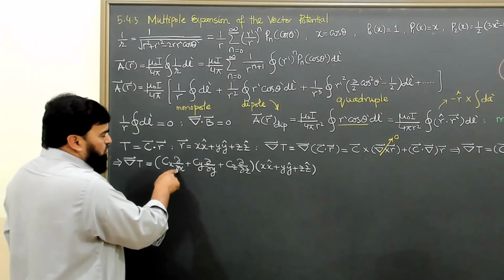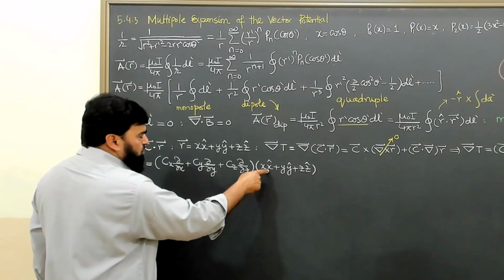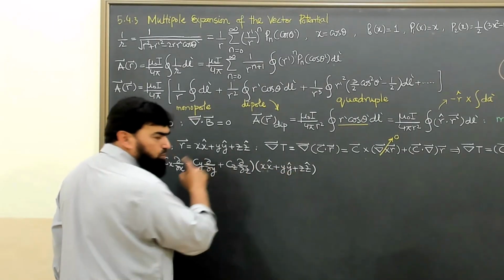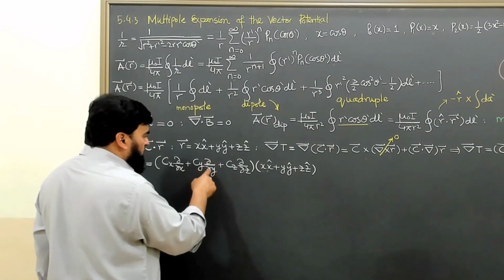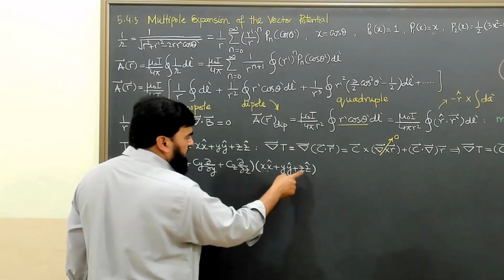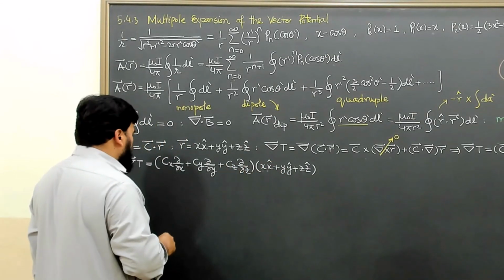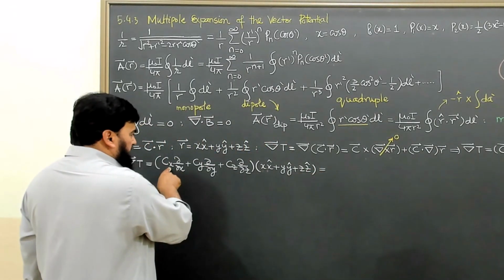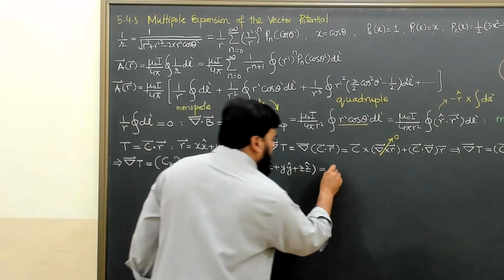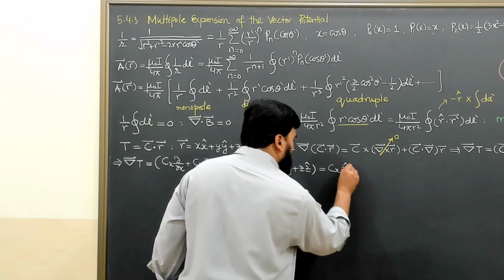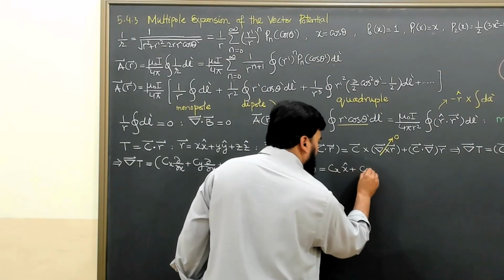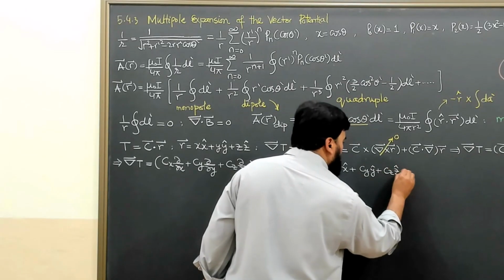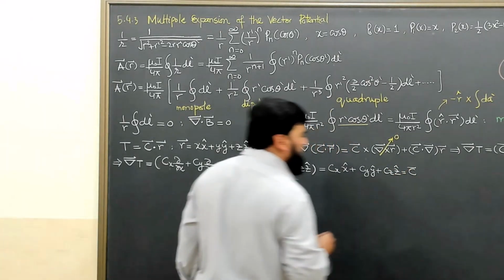Now when partial over partial x is applied on this, it gives 1 here and then 0 here, 0 here. Similarly, for cy partial over partial y, it gives 0 here, 1 here, 0 here, and vice versa. So here we are left with cx and the x unit vector, similarly cy and the y unit vector and cz and the z unit vector, and this is basically vector c.